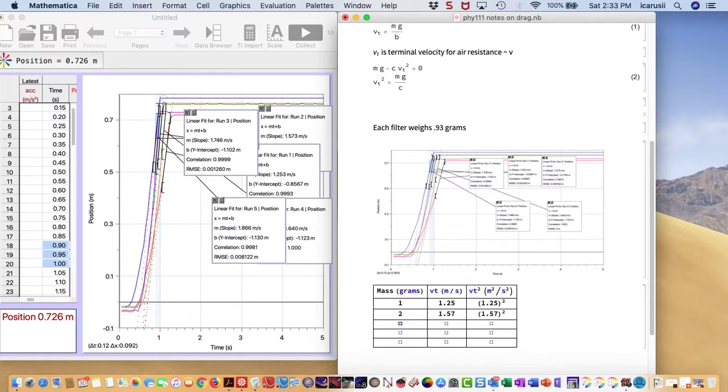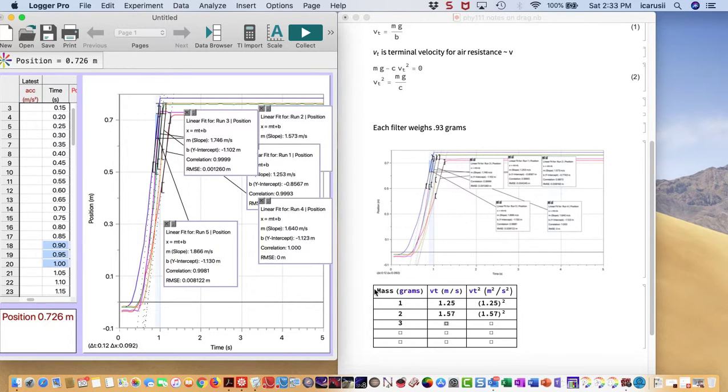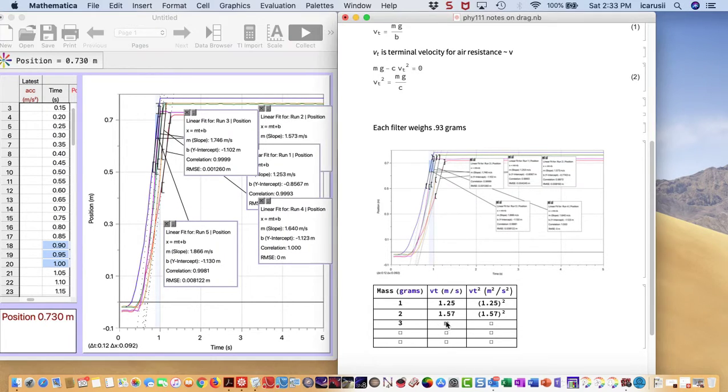So just give me a second while I do that. Run 3 has 1.74, 1.75, I want to say, rounding up. Four, 1.64. This one I'm a little suspicious about. It's not behaving the way it should.